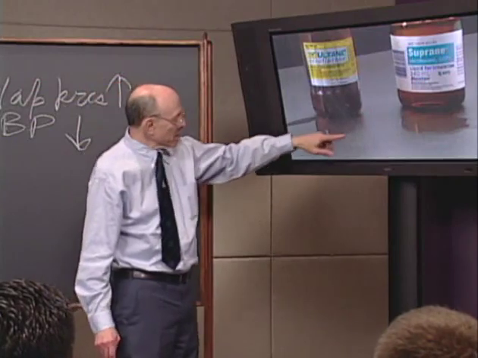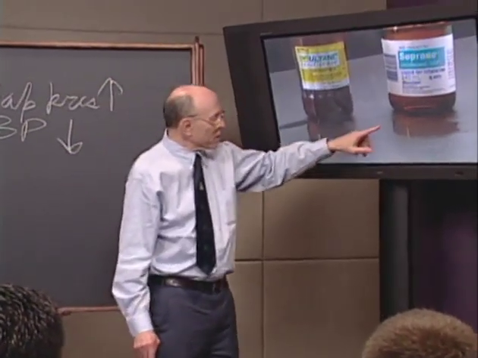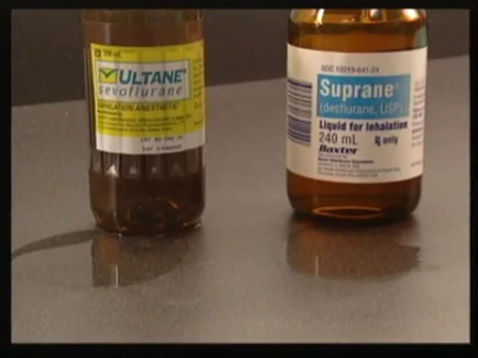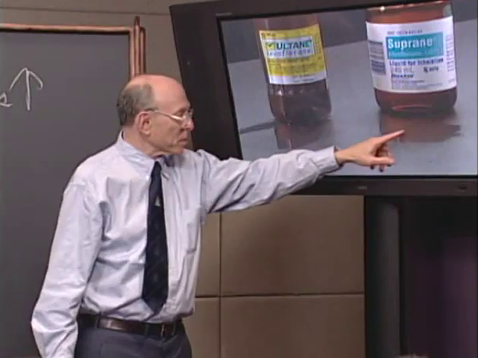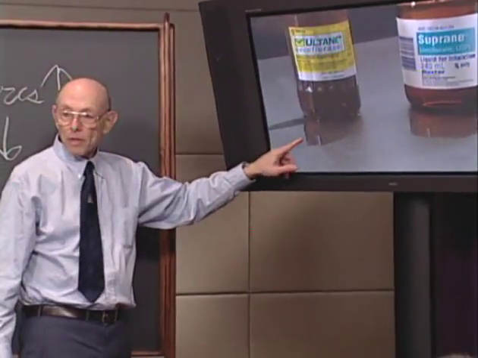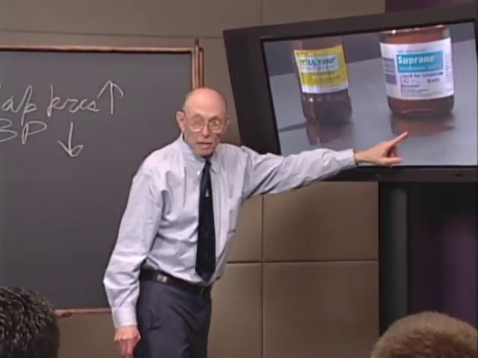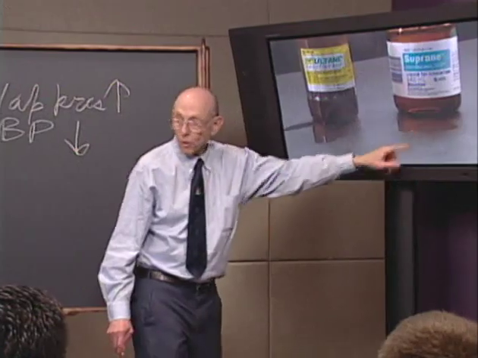Here's the outline of the sevoflurane. And you can see the outline of the desflurane already beginning to shrink. And this will disappear long before this liquid disappears, because its vapor pressure is much higher, so it evaporates quicker, and its boiling point is much lower.